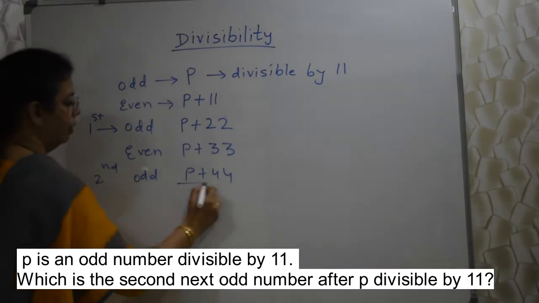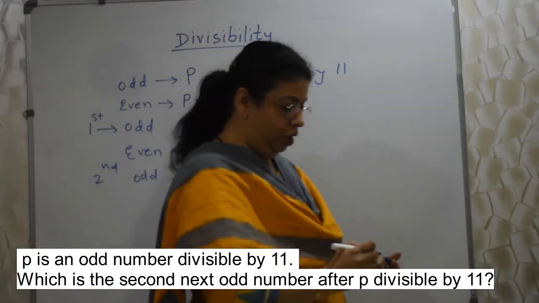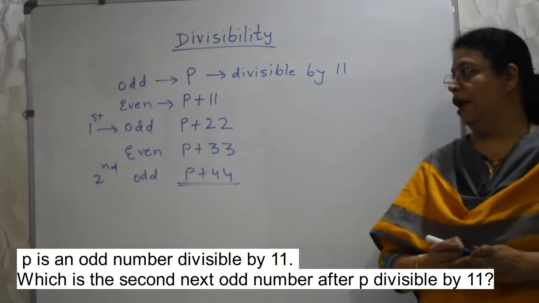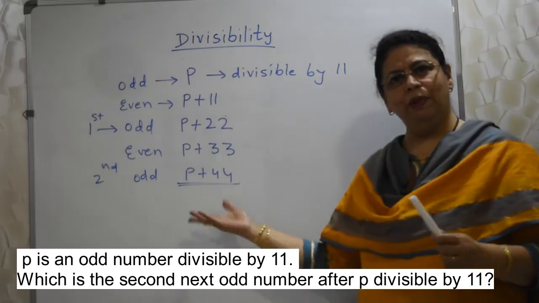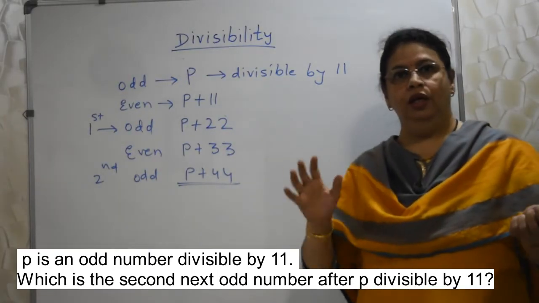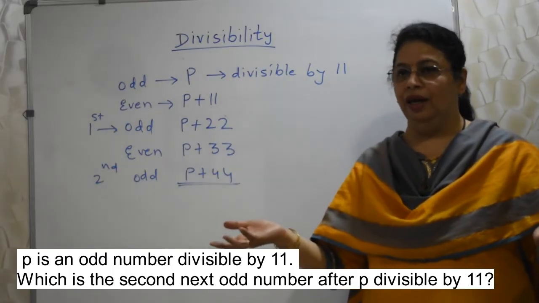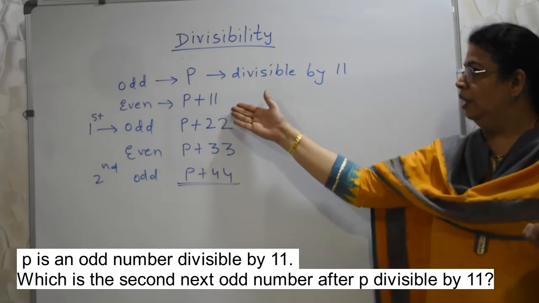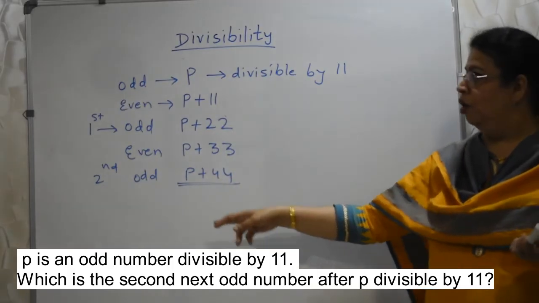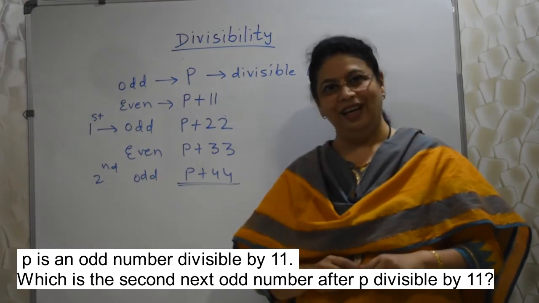So what is our answer is P plus 44. Such a simple example, right? Very simple sum. कुछ फॉर्म नहीं करना था, डिविजिबिलिटी ऑफ 11 अप्लाई करना नहीं था. ओनली थिंग इज 11 11 11 11 ऐड करो और दिस कॉमन सेंस अप्लाई करो. दैट्स इट. आवर आंसर इज रेडी, इजंट इट?